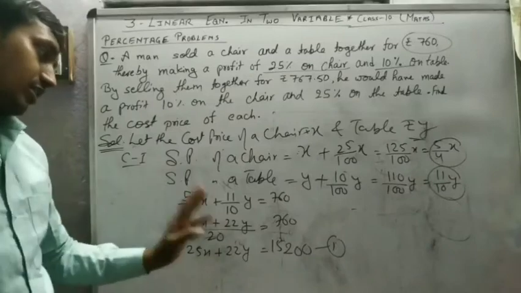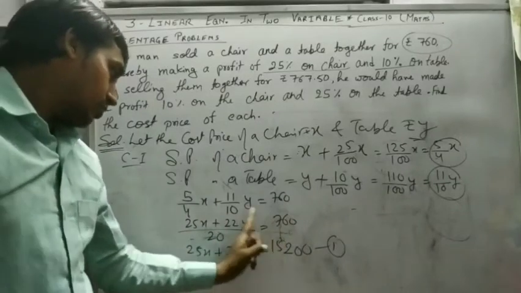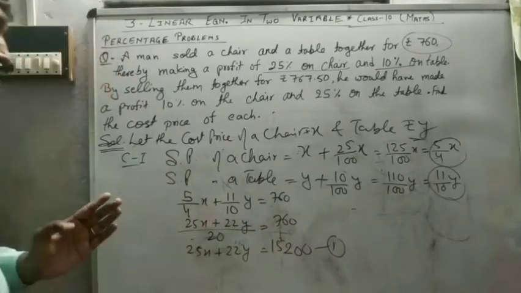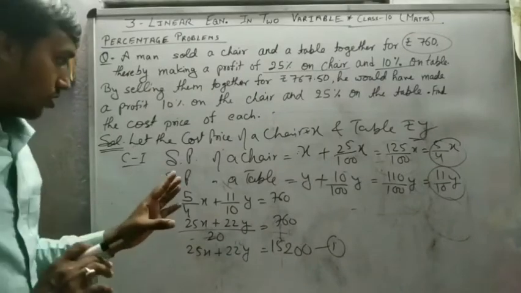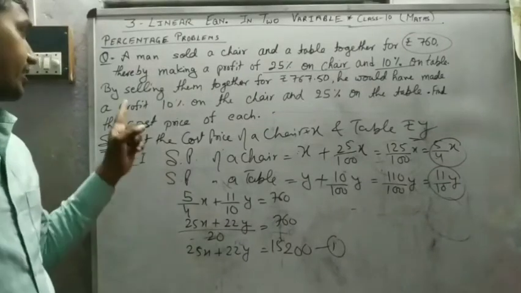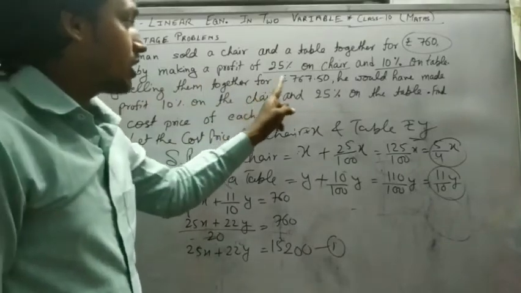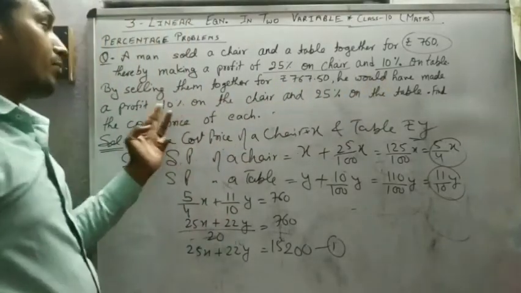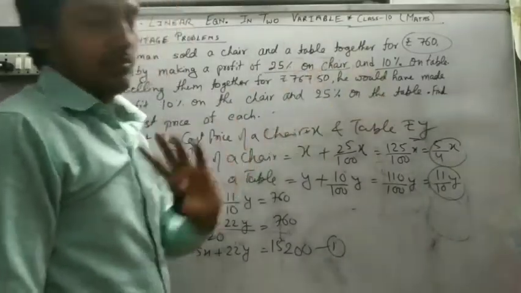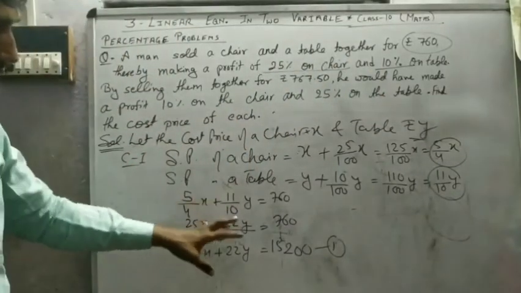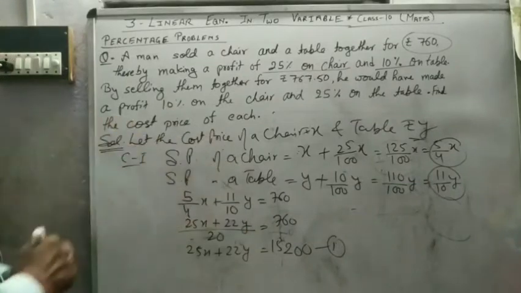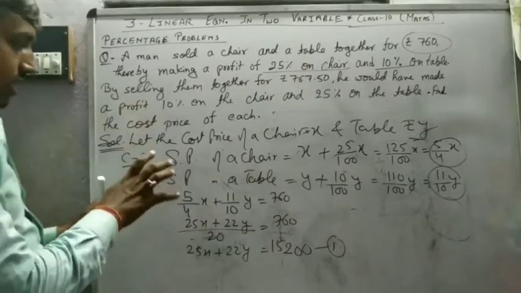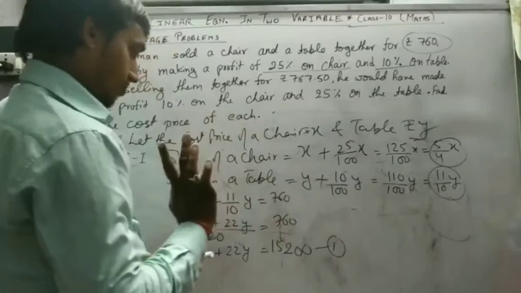It's the equation first. Okay, so it's the case first. For case second, by selling them together for 767.50, he would make 10% on the chair and 25% on the table. We have not more space, so you can do rough work, and for this, same, you have to make equation second.